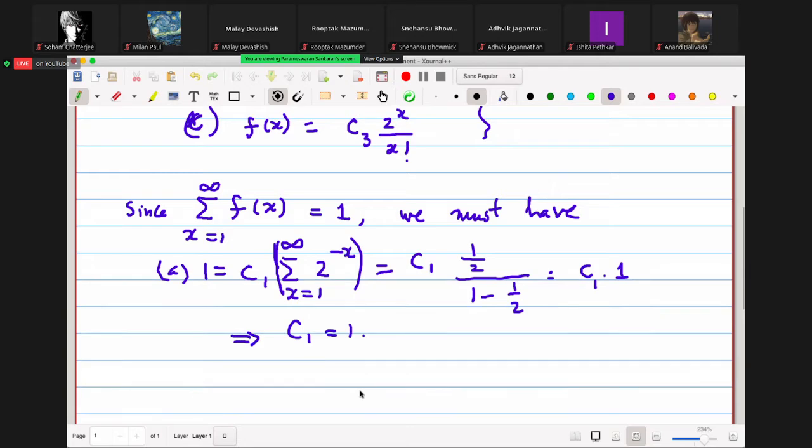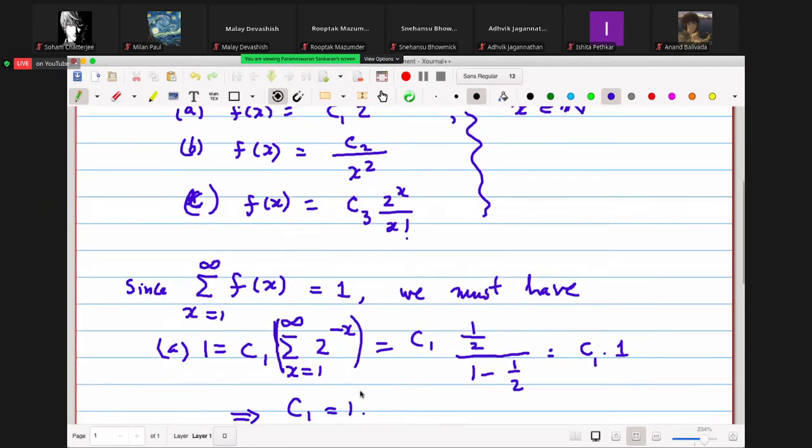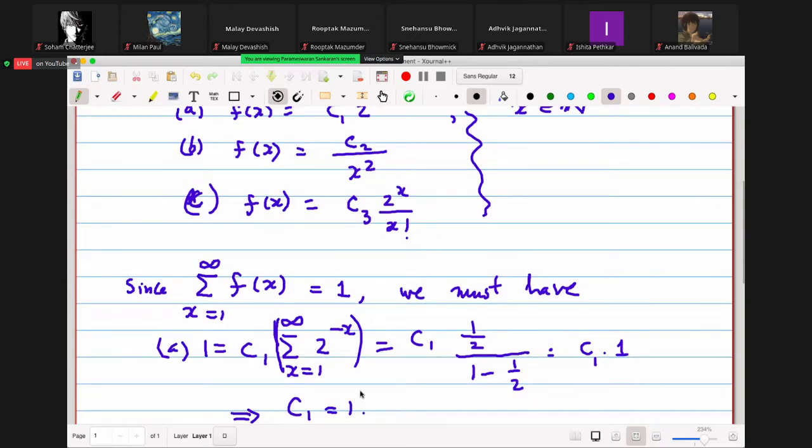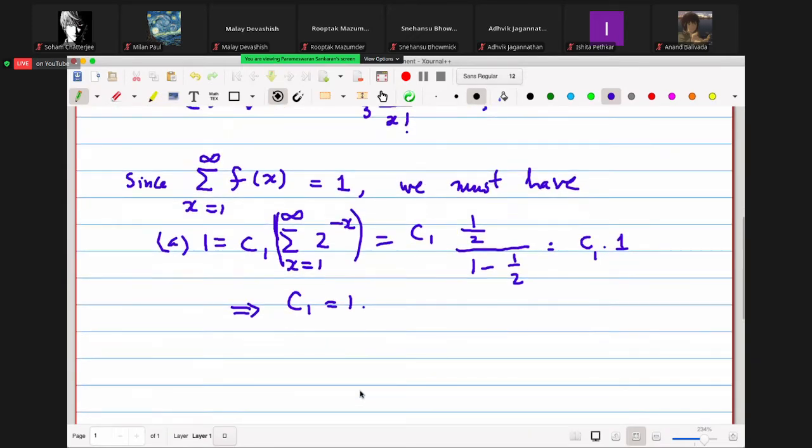And the remaining problems are more or less the same. It's the same logic, but this one you probably haven't seen. So when you simplify for B, we get 1 is equal to C2 times summation 1 by n square. Let me use n instead of x, 1 to infinity.